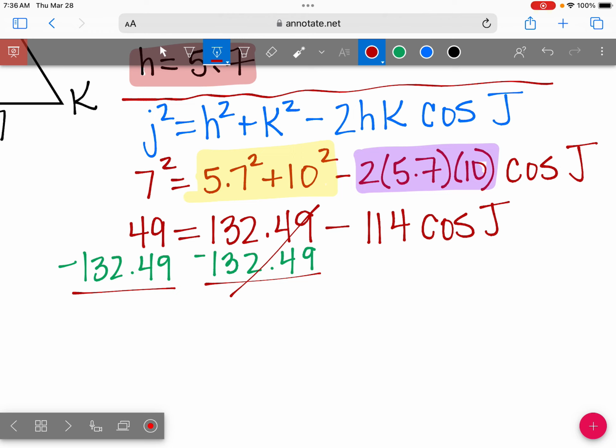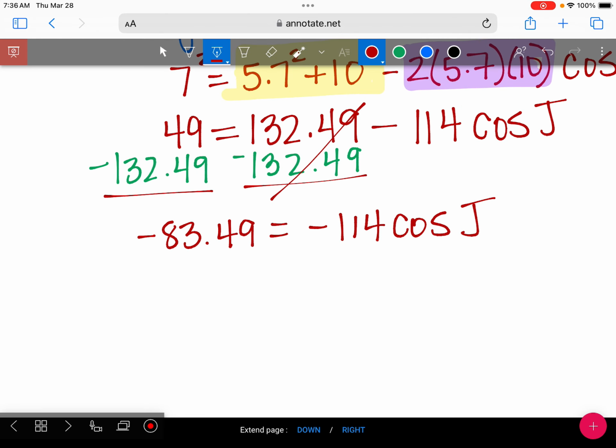Okay, so we're gonna take 49 minus 132.49, which gives you negative 83.49 equals negative 114 times the cosine of J. And then we're going to divide both sides by negative 114.